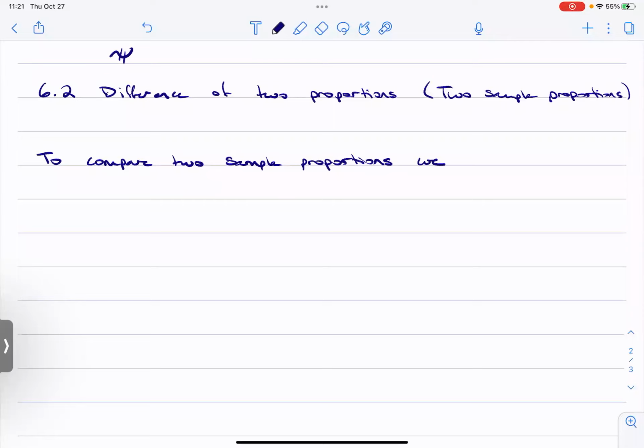Seems like a logical thing to do, right? It's where our heads went, hopefully. I don't know what else you would do. If you wanted to compare two numbers, all you really can do is look at the difference. So to compare two sample proportions, we consider the difference in proportions.